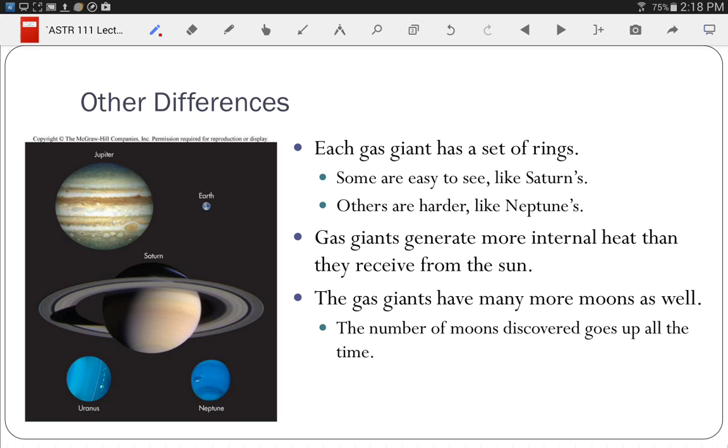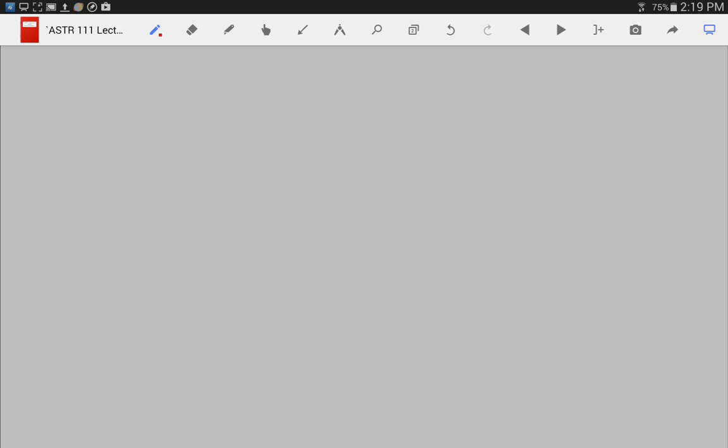From pressure, from things falling in, like droplets of liquid helium falling in. And the gas giants are all generating more internal heat than they receive from the Sun. And they have many, many moons.